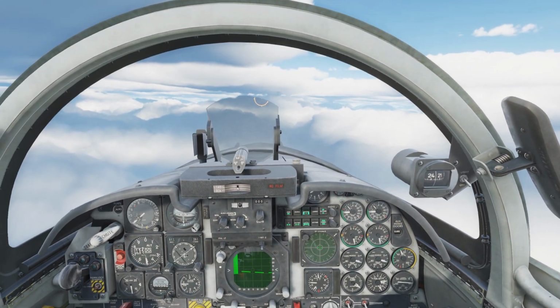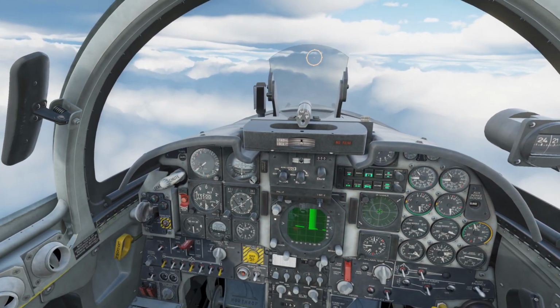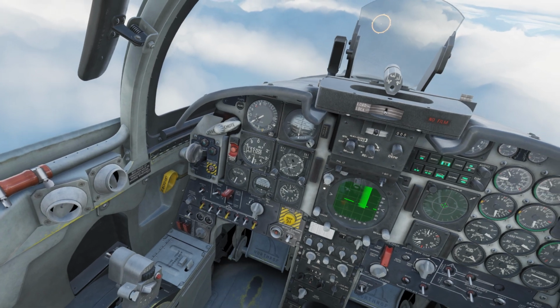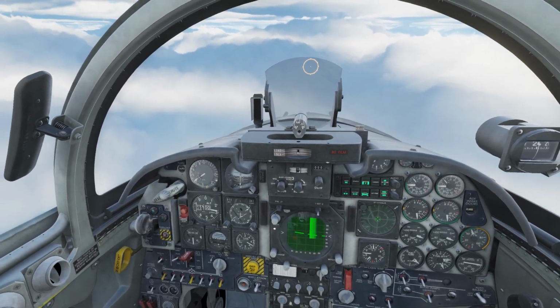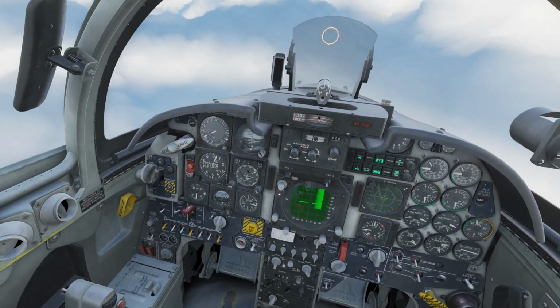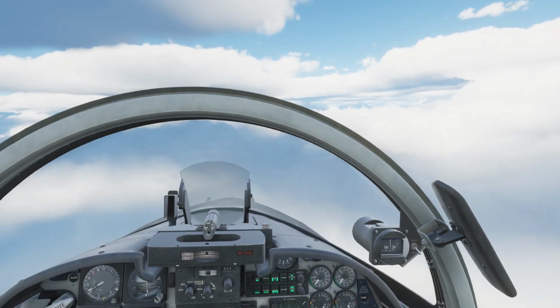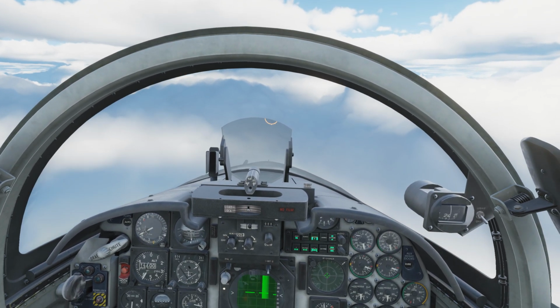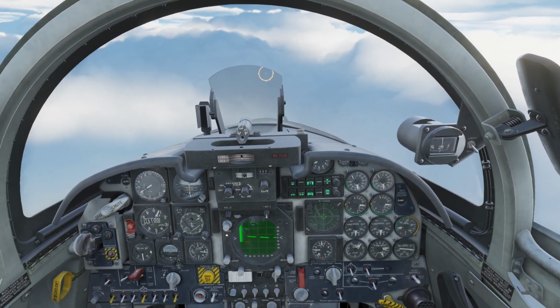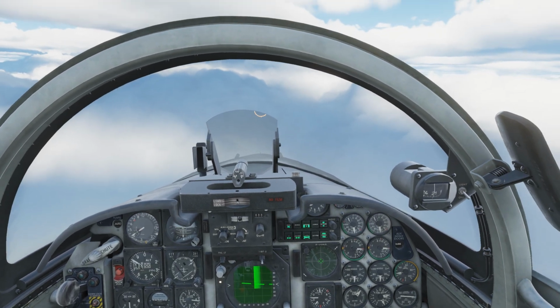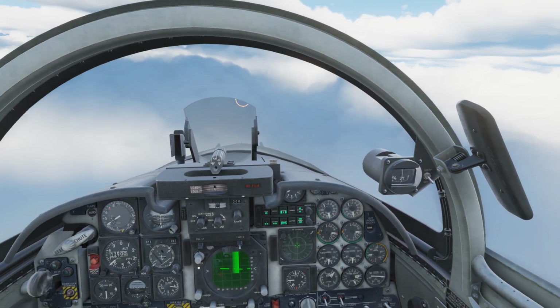Alright. We are at 15,000 feet. Alright, I'm going to trim down a little bit. Bring the throttle back. I don't remember what I set the cloud layer to.